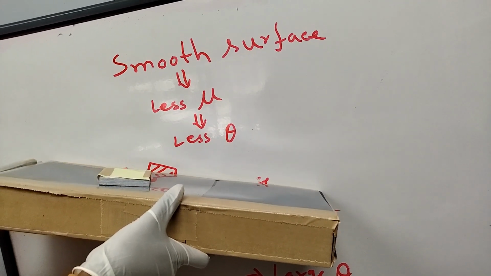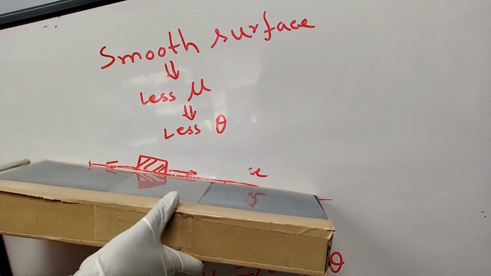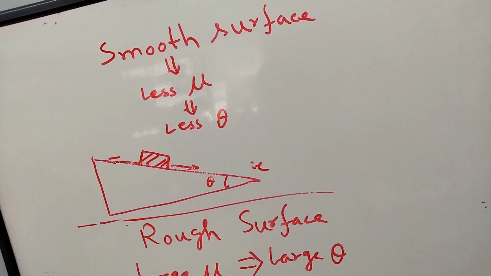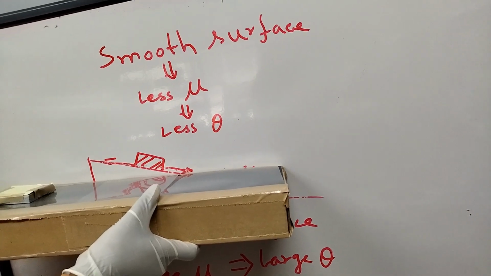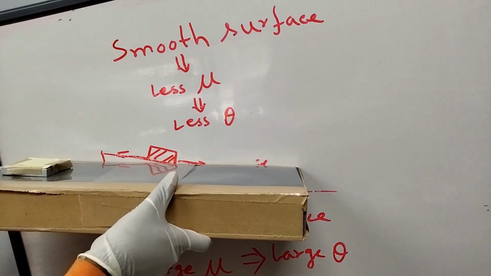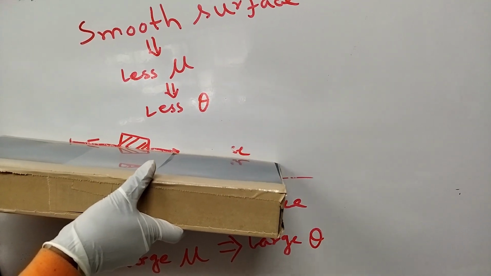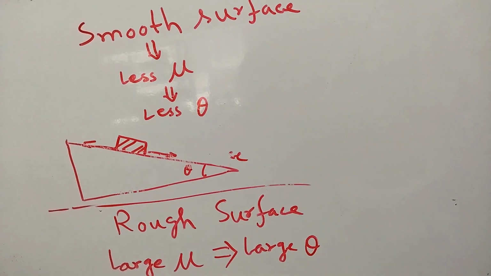See, just a small angle is needed to make this object fall. We have some estimation of the required inclination angle. You can see again and again that the same phenomenon is repeated.